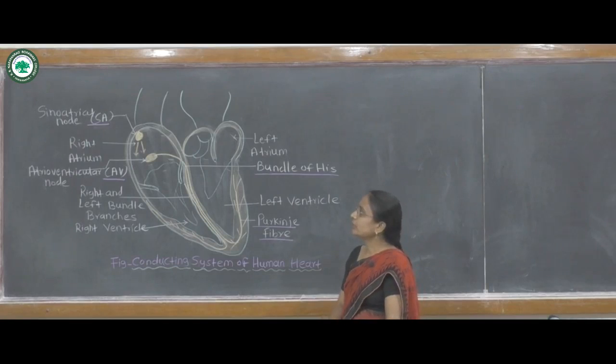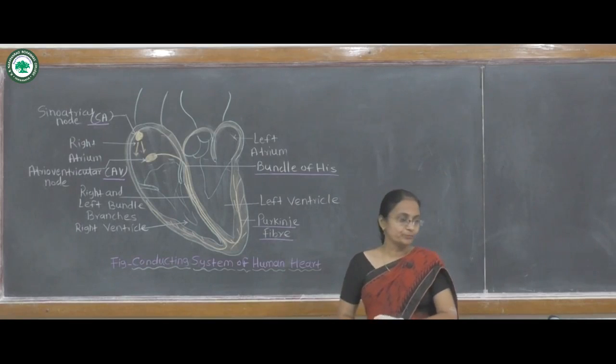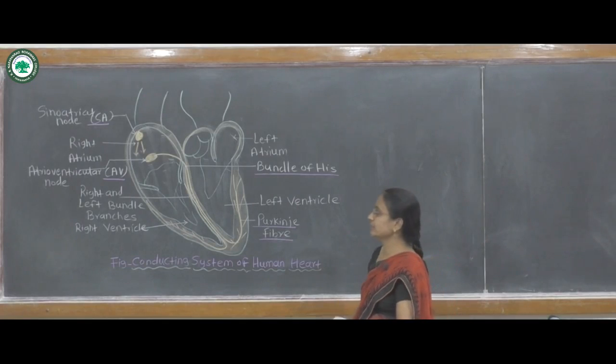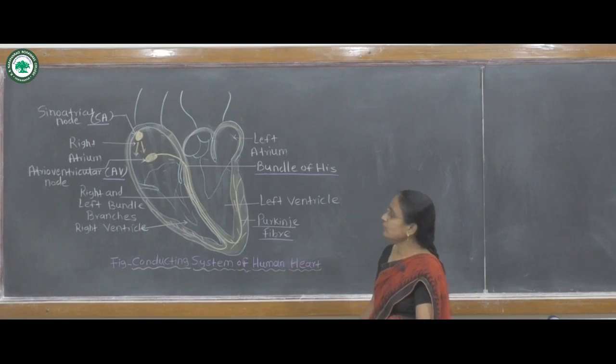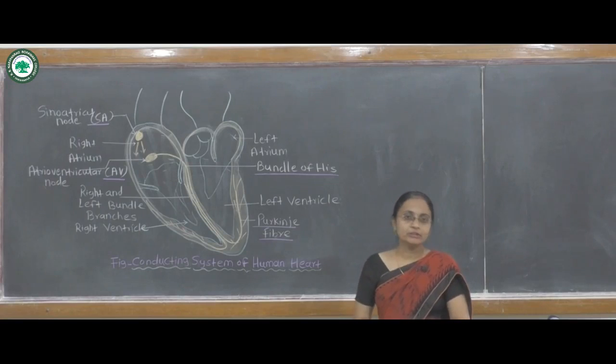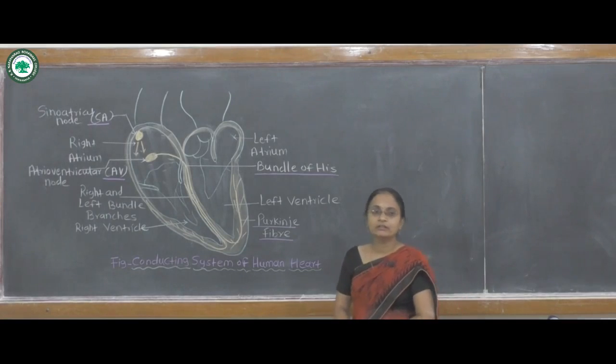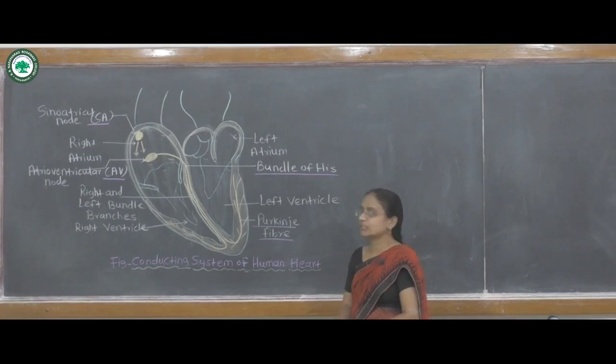Now, where are the sinoatrial node and the AV node located in the human heart? The sinoatrial node, or SA node, is located in the wall of the right atrium. The AV node is also located in the wall of the right atrium. The bundle of His is located in the interventricular septum.